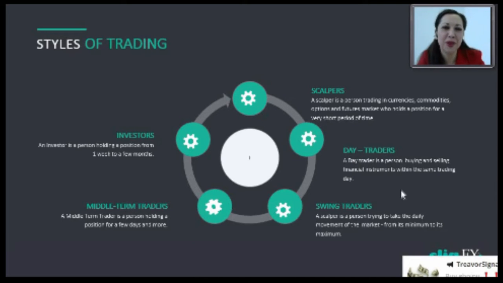But there are some weak points, because the trader does not necessarily know how much profit he will get in the end, how many pips the market will give him.